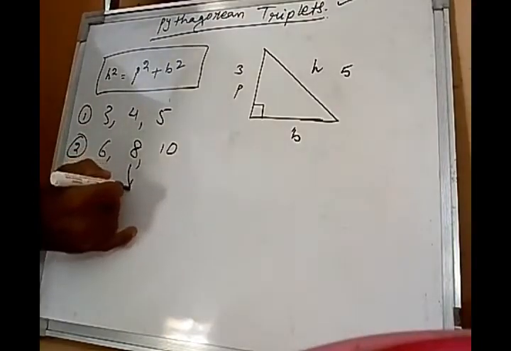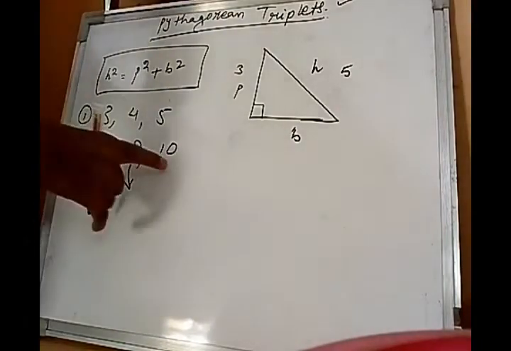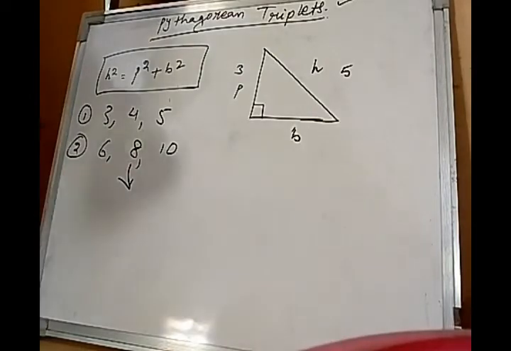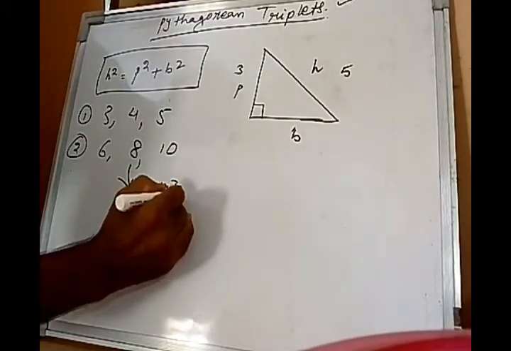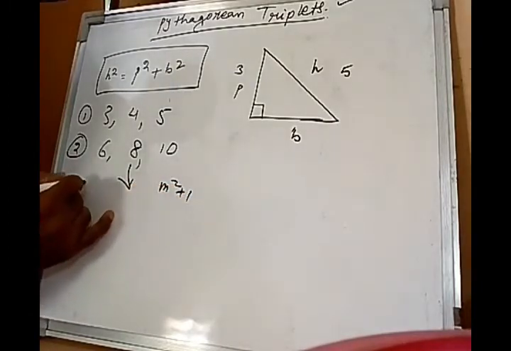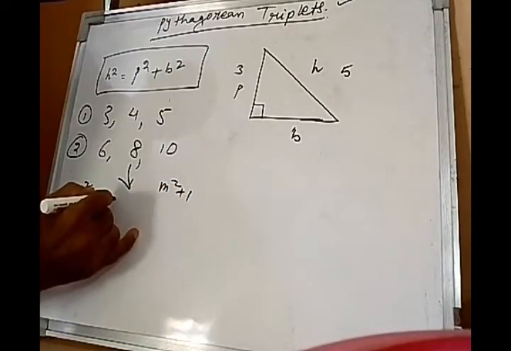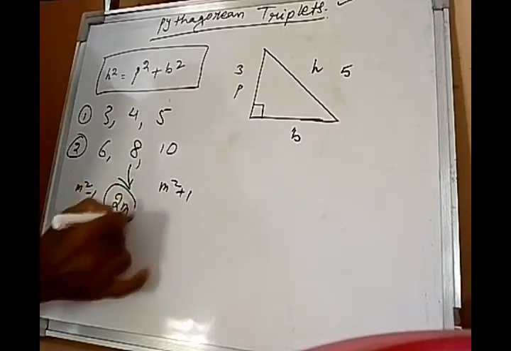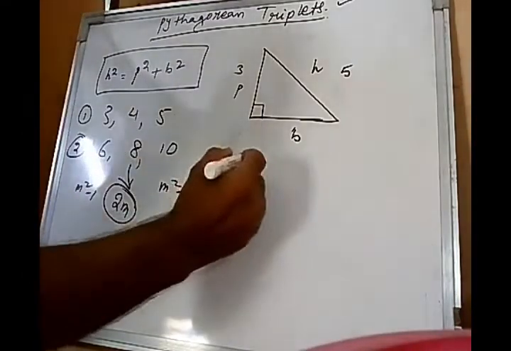So this is the middle one. Always the bigger one will be m square plus 1. Then the smaller one will be m square minus 1. This one will be m square plus 1. This one will be m square minus 1. So this one will be what? 2m. Let's see how it works.